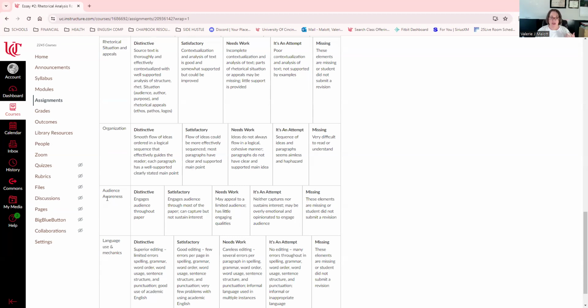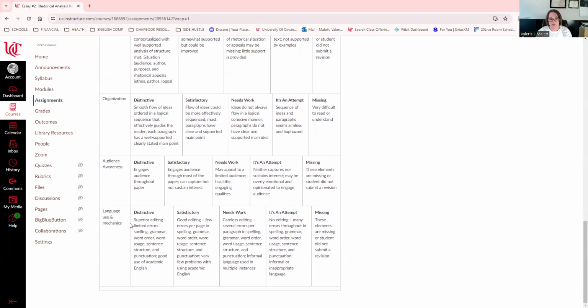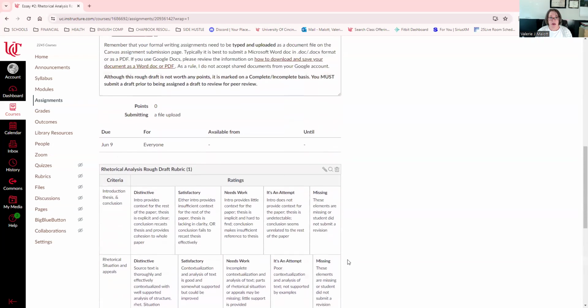I want to make sure that you engage the audience throughout the paper. And then, of course, looking at language use and mechanics. So things like editing, spelling, grammar, word order, word usage, sentence structure, punctuation, good use of academic English. Those are all things that contribute to a very good and solid paper.